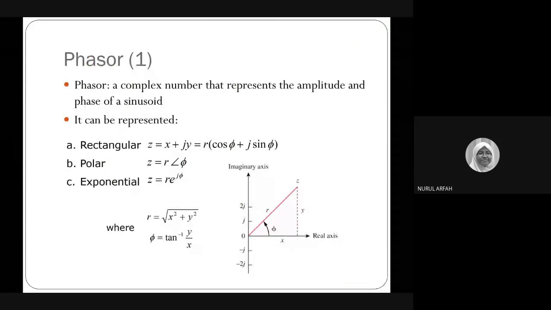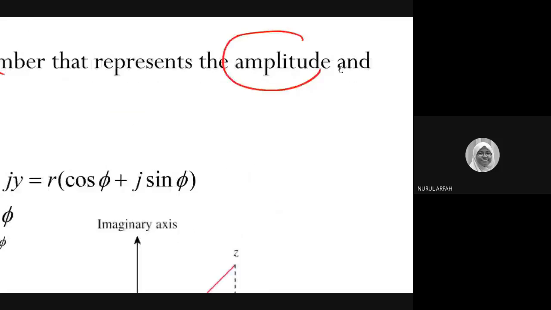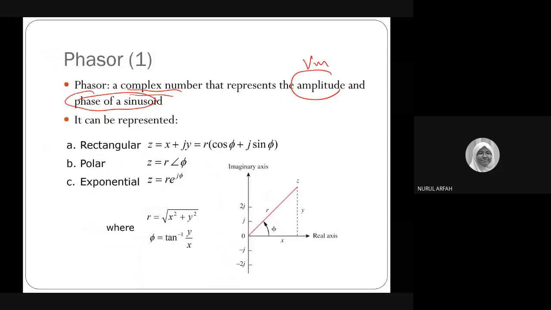Okay, this phasor. Phasor is a complex number, okay, complex. It represents amplitude and also phase of a sinusoid. Meaning to say, there are two elements that are very important, which are the Vm and also the theta.